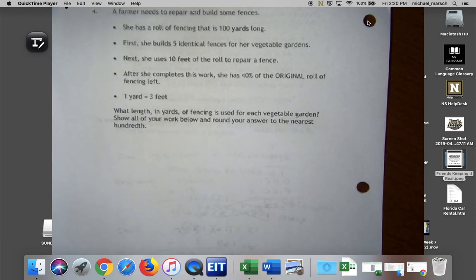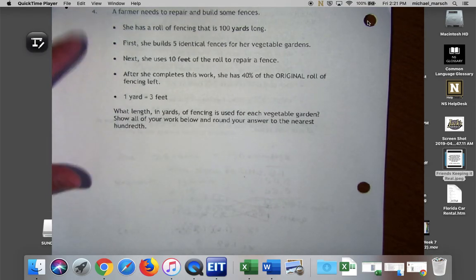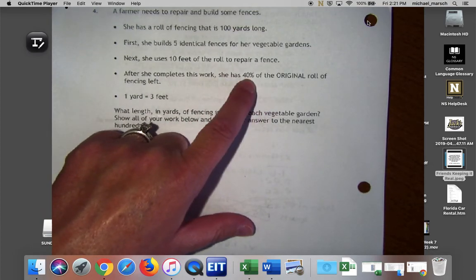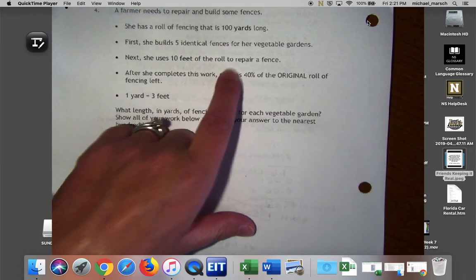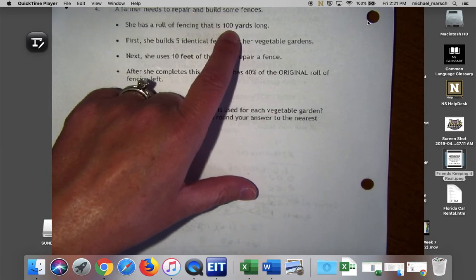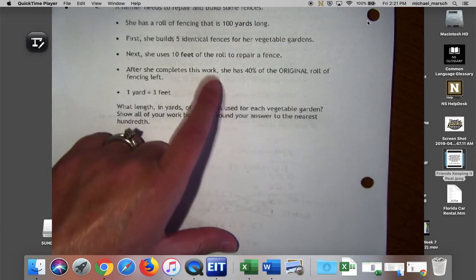Perfect. Okay, so there's a lot happening here, right? We know she has 100 yards. And this whole part, she has 40% left over, is actually really important. That means she only used 60% for the 5 gardens and the repair of the 1 fence. So this is what we're going to want to attack first.